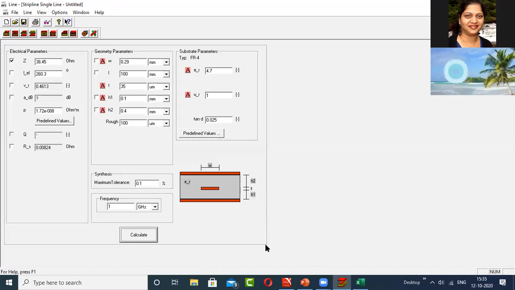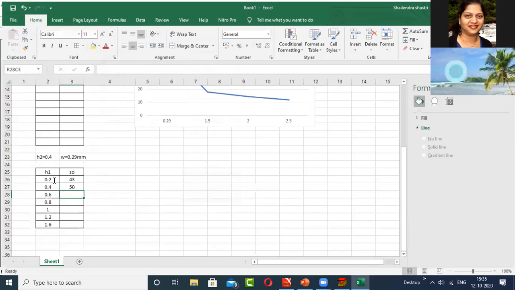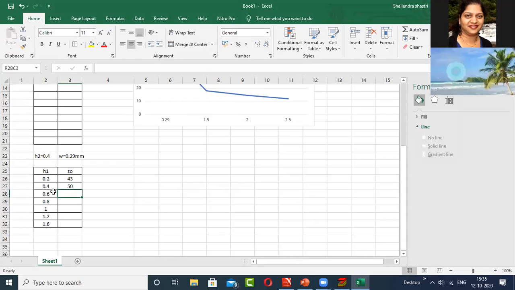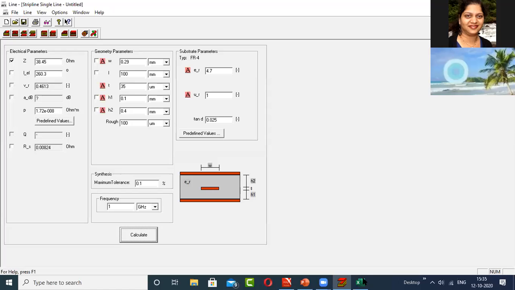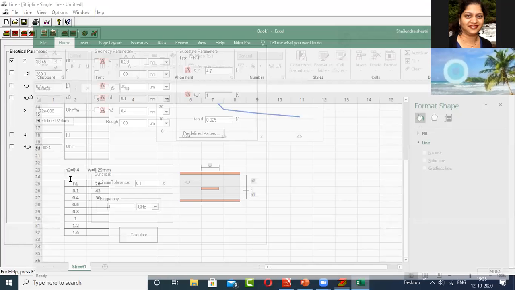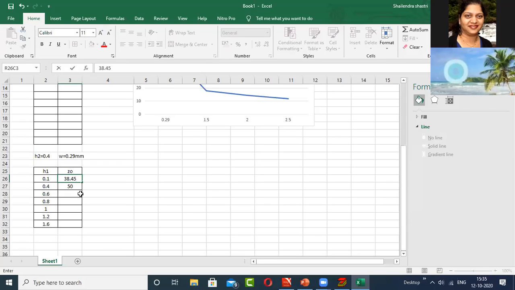So two ranges we have got, when it is 0.1 and when it is 0.4. When it is 0.1, we get 38.45 ohm, and for 0.4 we have 50 ohm.